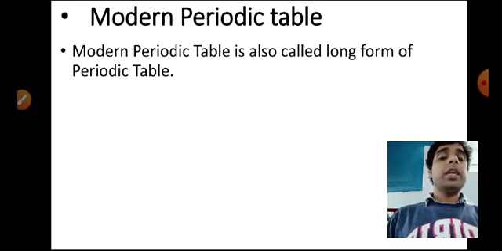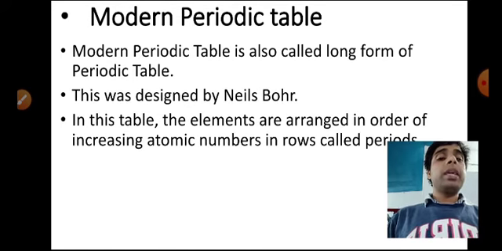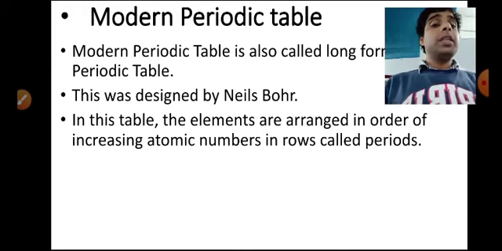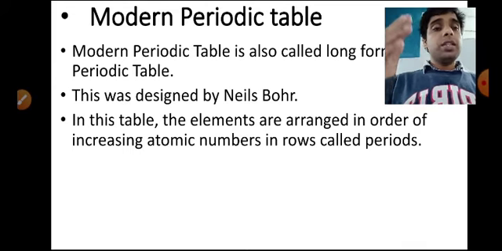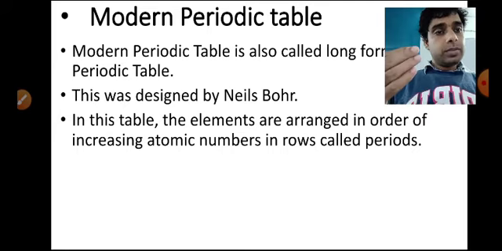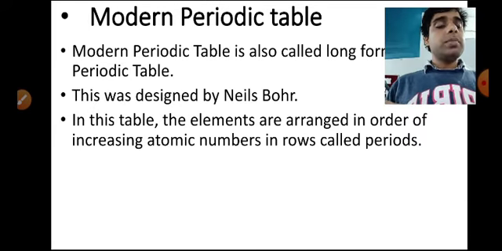Okay, now here you can see that it was designed by Niels Bohr, with the combined effort of Henry Moseley also. In this table, the elements are arranged in columns vertically. Earlier you have also read about vertical columns in Mendeleev's periodic classification, which were considered to be the groups.